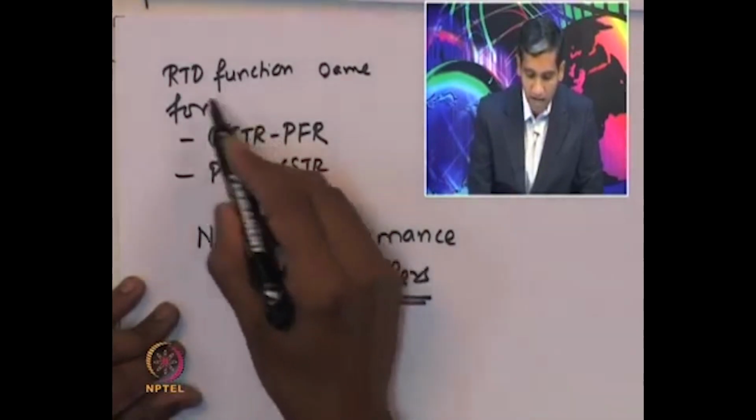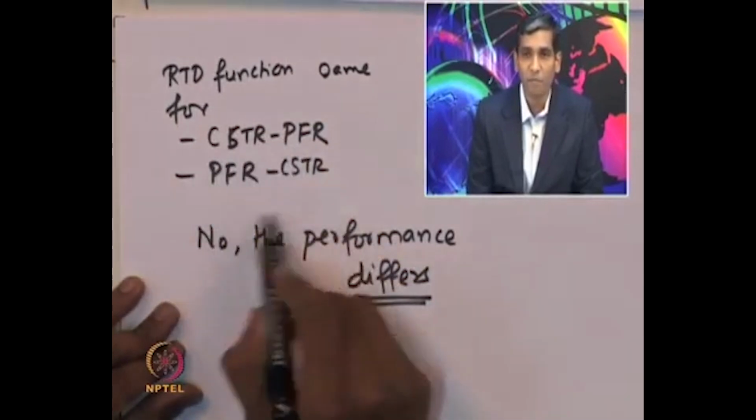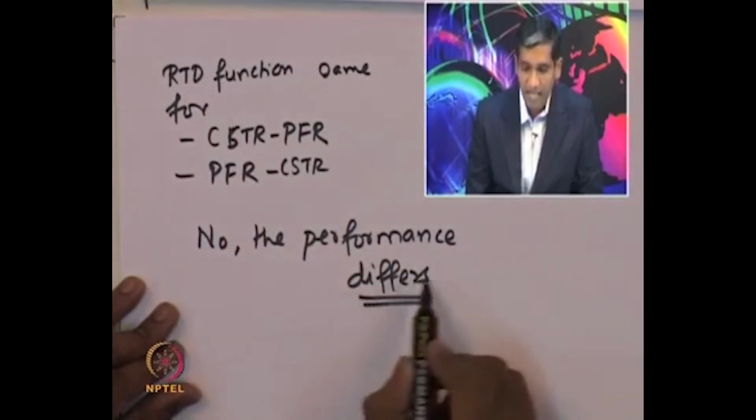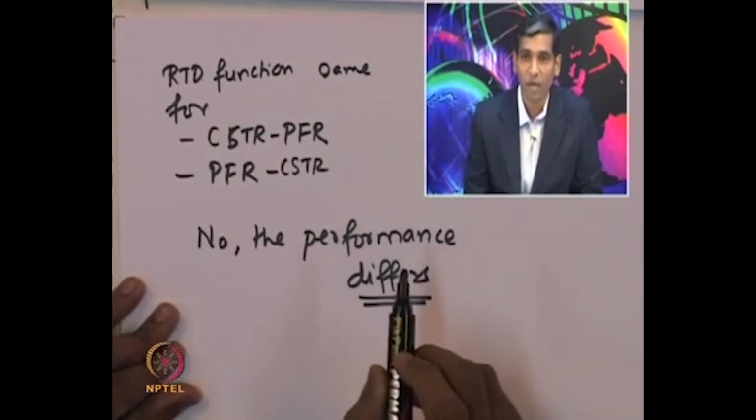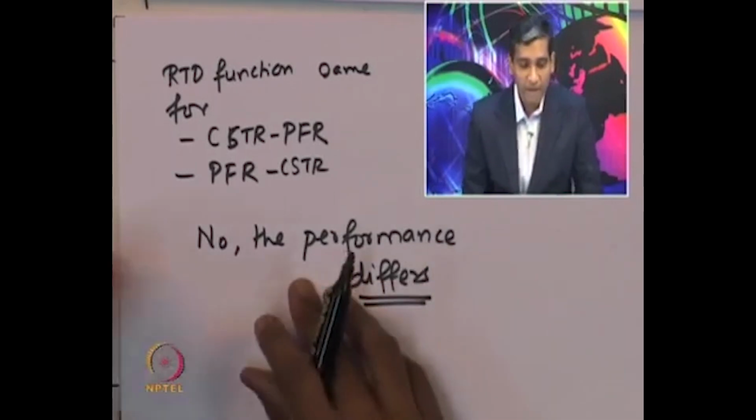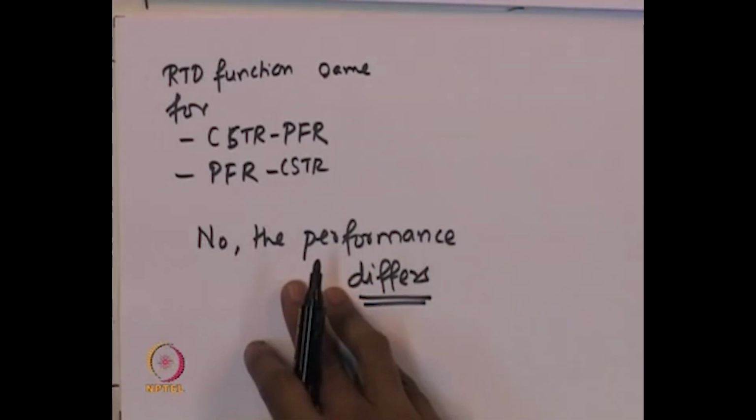So, therefore, the RTD function being the same for both reactors does not necessarily mean that the performance of these two reactors will be the same. In this case the performance will be different. First order reaction case is actually an exception. Only for first order reaction the conversion will be the same irrespective of the order in which the two reactors, that is CSTR and PFR, are placed.